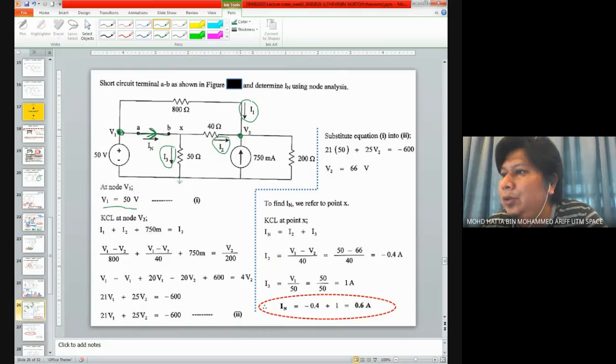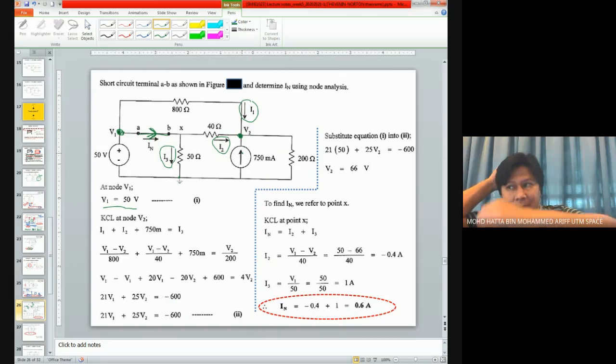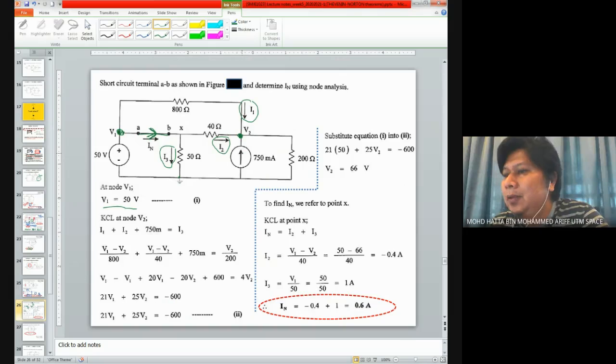Looking at node V2, we have current coming in, which is I2, and I1 also as current coming in. And I think also this 750 milliampere also coming in. So that's why we have I1, I2, and 750 milli considered as the sum of I in.